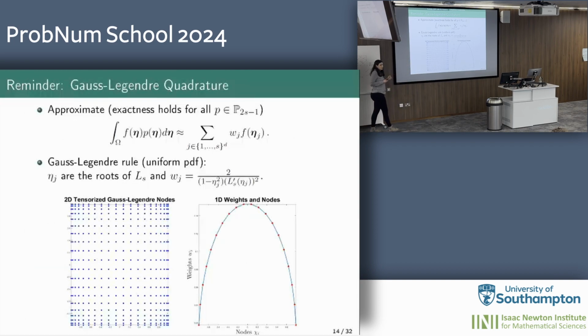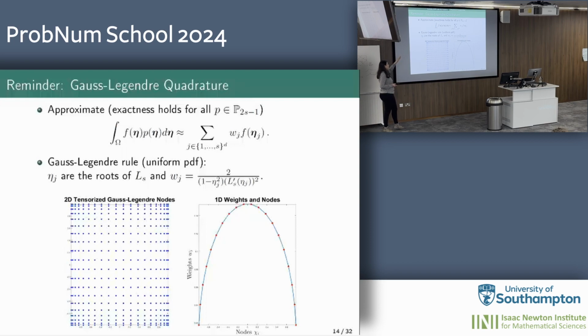So this was the RFF method, and what I want to do is something else. I want to use Gaussian quadrature in order to approximate this integral. Just a quick reminder, because I'm not sure everybody remembers that. In Gaussian quadrature, what you have is fixed weights and nodes, basically.